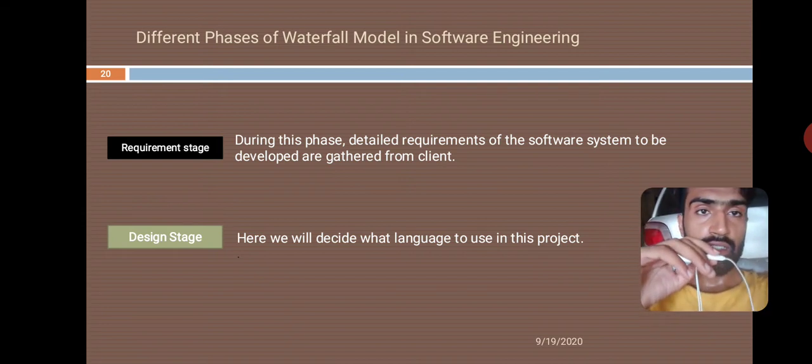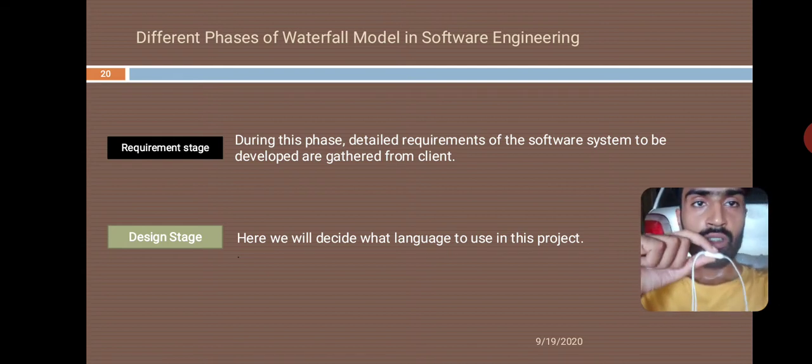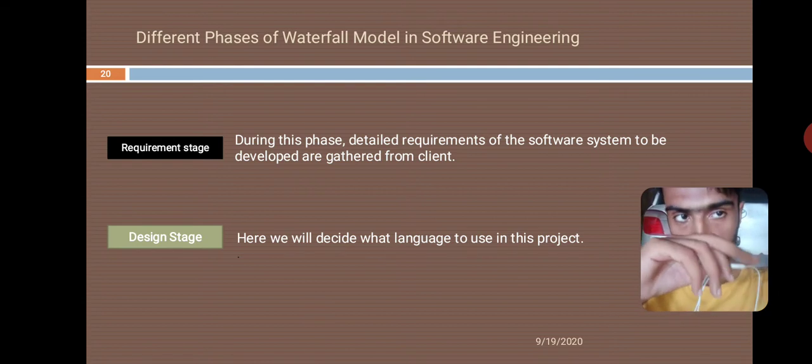Requirement stage: during this phase, detailed requirements of the software system to be developed are gathered from the client. Design stage: here we will decide what language to use in the project.